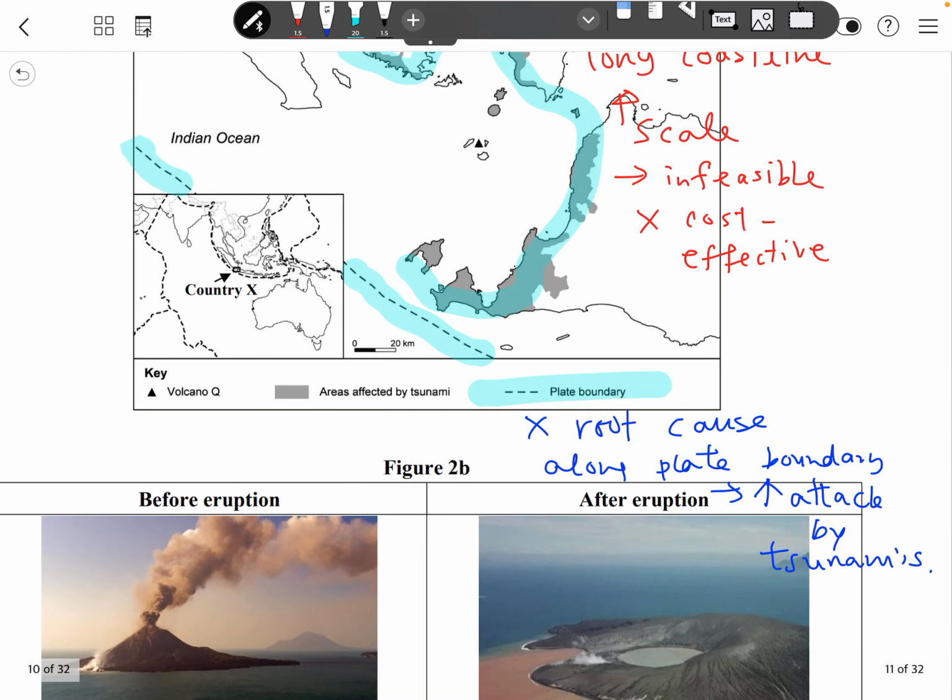So these are some reasons why planting vegetation is not able to protect the people around this region. So remember to make use of all the data. Don't use your own ideas. This is still a data response. Look at the figures. So that's all for question 1.